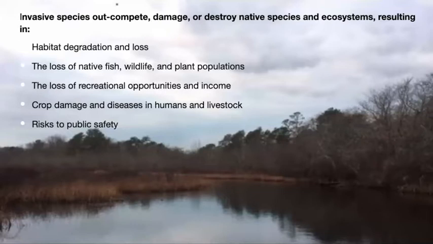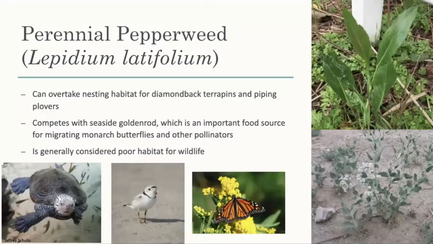You can also lose recreational opportunities and sometimes income that comes from those recreational opportunities, or even from agriculture. There are invasive species that are agricultural pests. There are invasive species that sometimes bring diseases to humans and livestock, for example, non-native tick species. And there are some invasive species that pose risks to public safety as well. So I'm just going to go through a few examples of coastal invasive species.